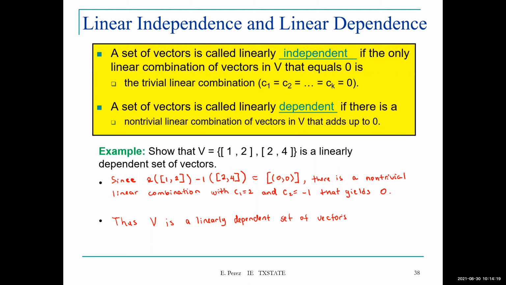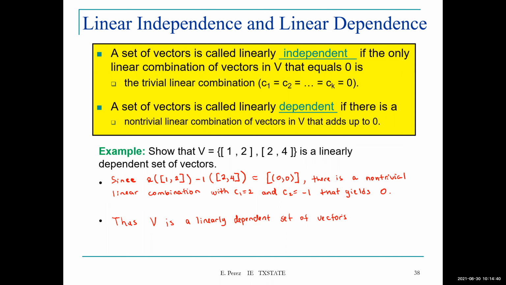That means that these vectors are dependent. If we find no non-trivial combination, and the only way that we can make them equal to 0 is by making C1 and C2 equal to 0, that means that the vectors are linearly independent.